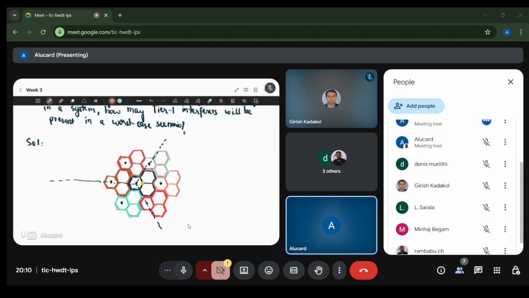So the sector for this base station, I'll draw only the sector which are using the same frequency. The sector in cluster number 2, which I just drew, is using the same frequency as this sector, and it's facing away from our user. So this base station does not interfere.